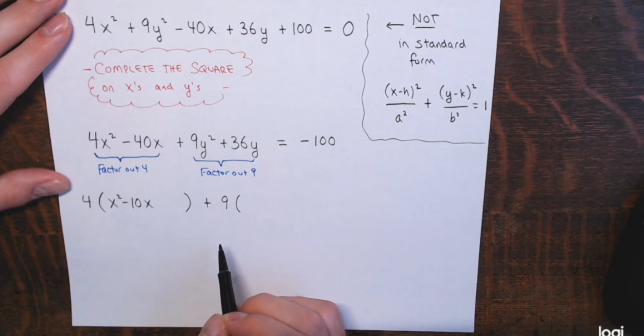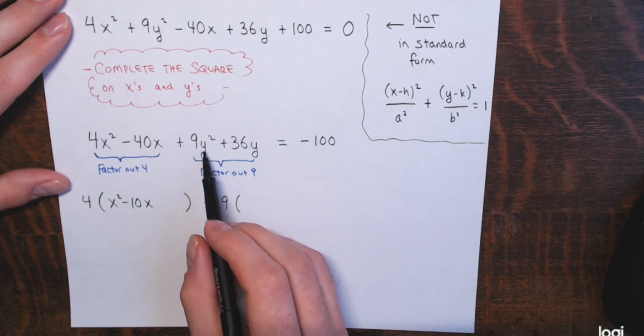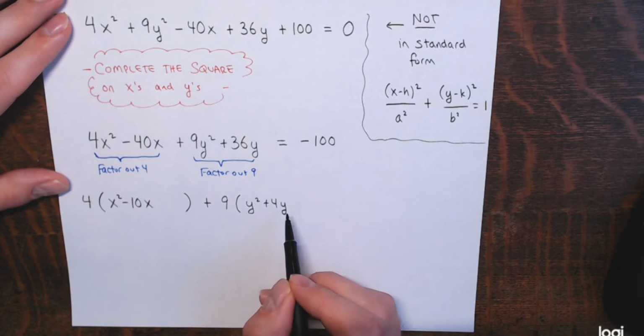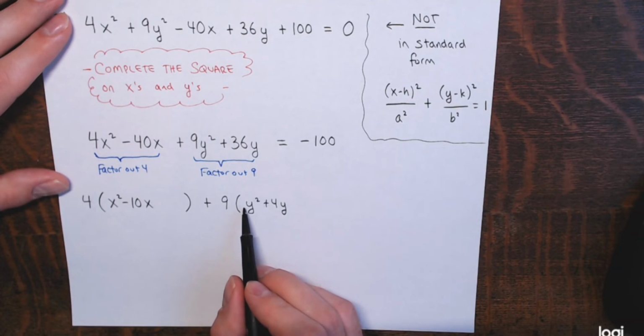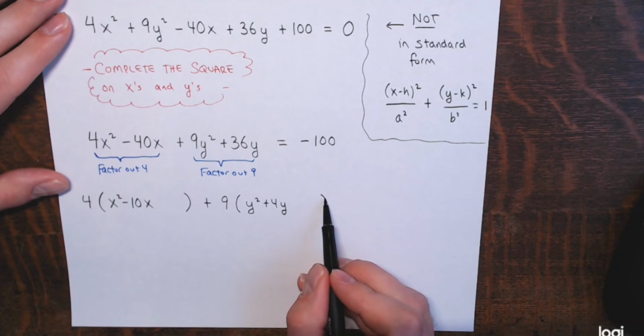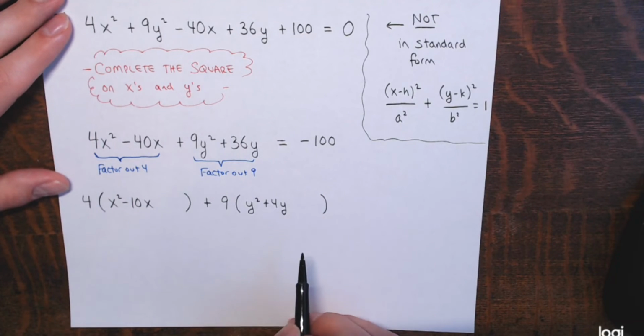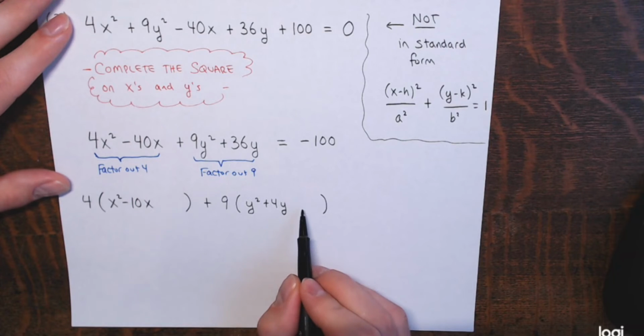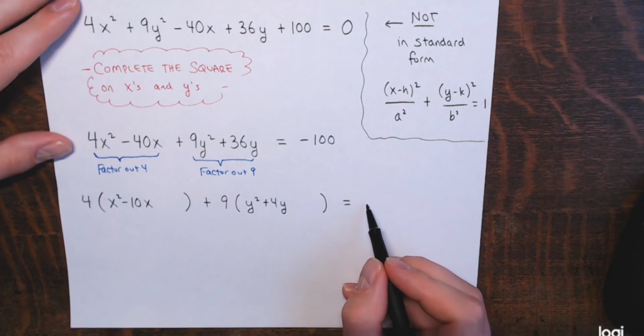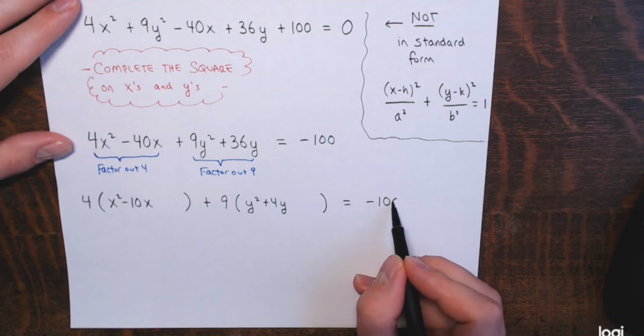Factoring out a 9 leaves me with y squared plus 4y. And then again, because there's a 1 on y squared inside the parentheses, I'm going to leave some space, then close the parentheses, and we're going to add a number in here. We're going to complete the square inside that set of parentheses. Equals negative 100.